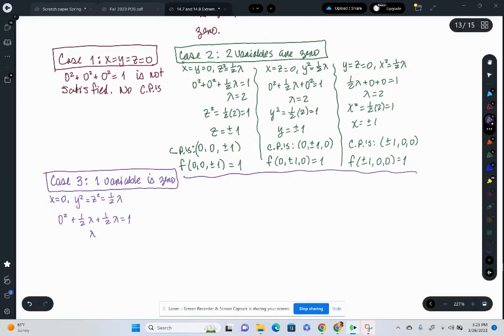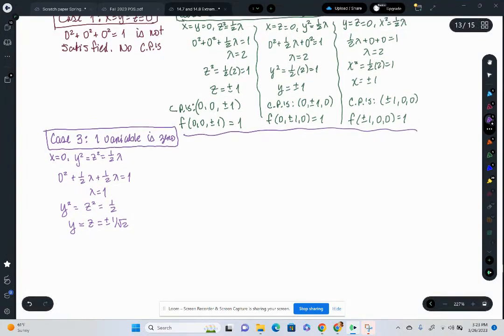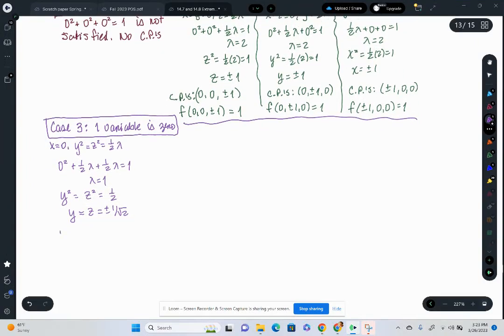This means that lambda is equal to 1. And that means that y squared is equal to z squared is equal to 1/2. So y is equal to z is equal to plus or minus 1 over the square root of 2. Now, we're looking at all combinations of pluses and minuses in there because of all those squares. And so the critical points from here are 0, plus or minus 1 over square root 2 and plus or minus 1 over square root 2.